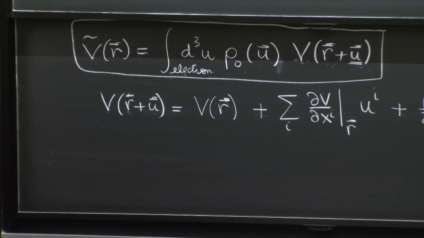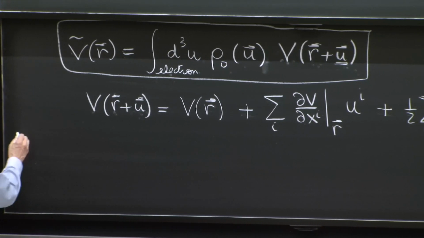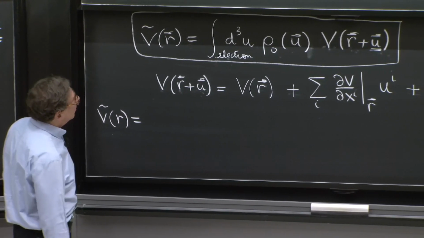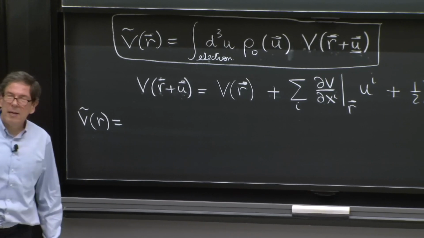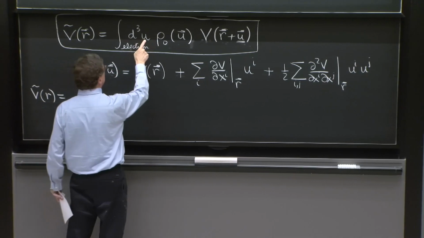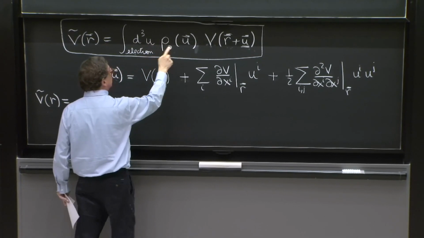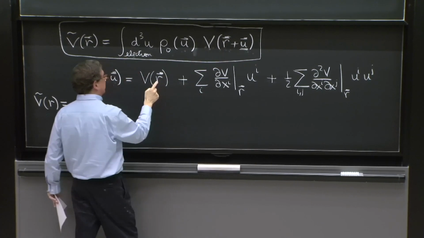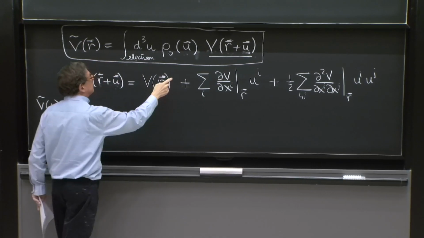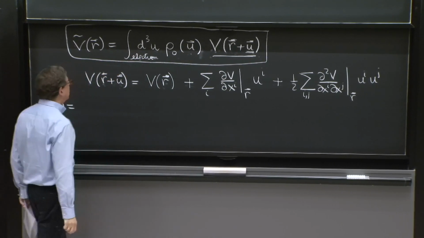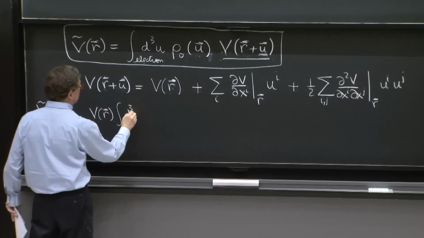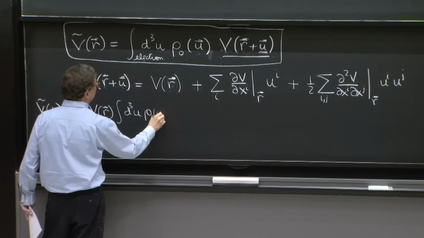We substitute in here and integrate. So V tilde of R, let's see what it is. Well, I can put this whole thing. We don't want to write so much, so let's try to do it a little quick. We're integrating over u, and here let's think of the first term. When you plug in the first term, this function of R has nothing to do with u, so it goes out, and you get V of R times the integral d cube u rho 0 of u.